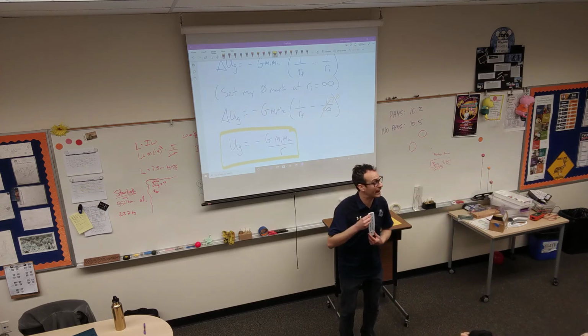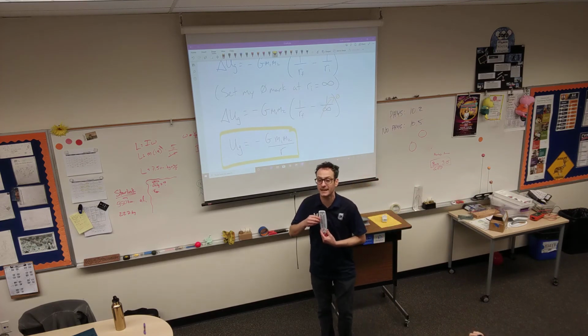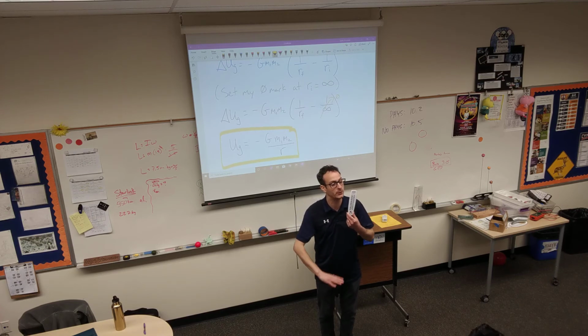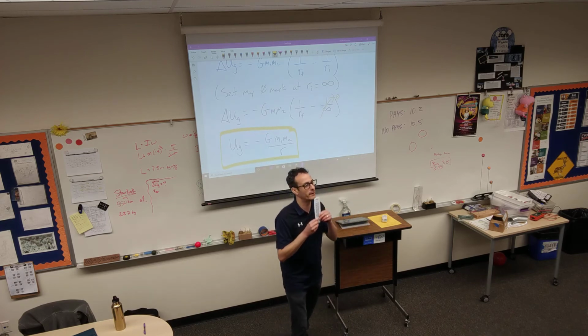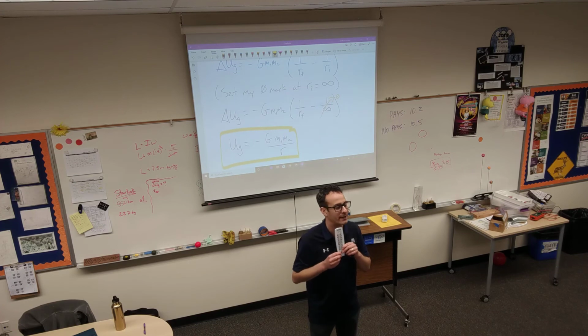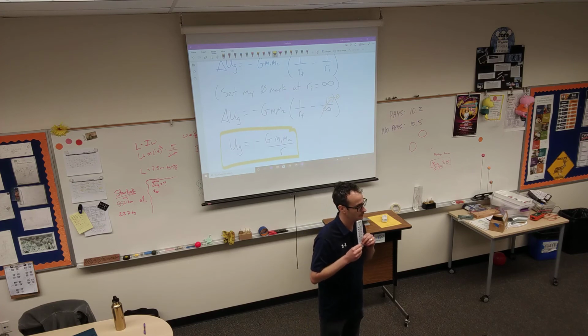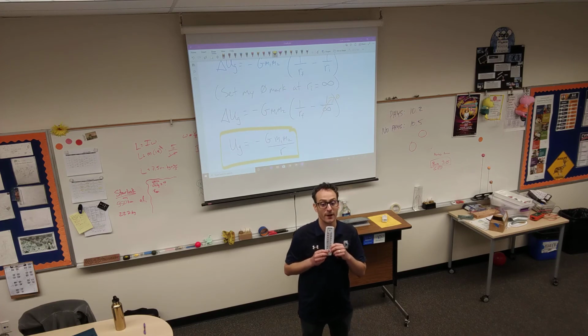This is the difference between a scalar and a vector. A scalar can be negative. It just means it's below the 0 mark. Here is an example: which one is colder, negative 60 or negative 100 degrees Celsius? Negative 100.